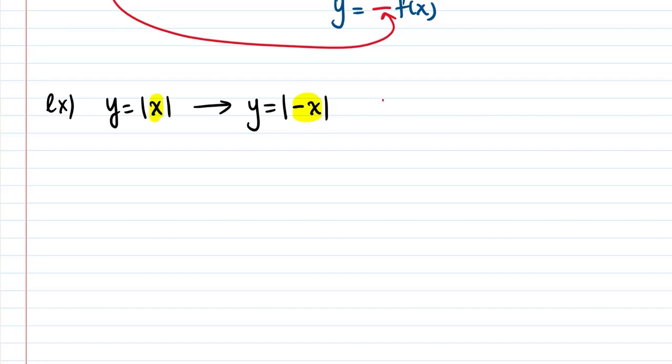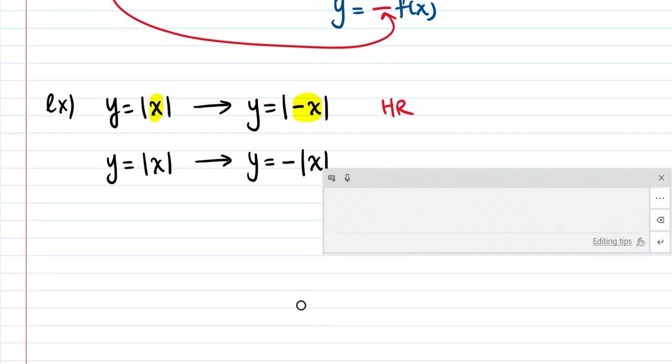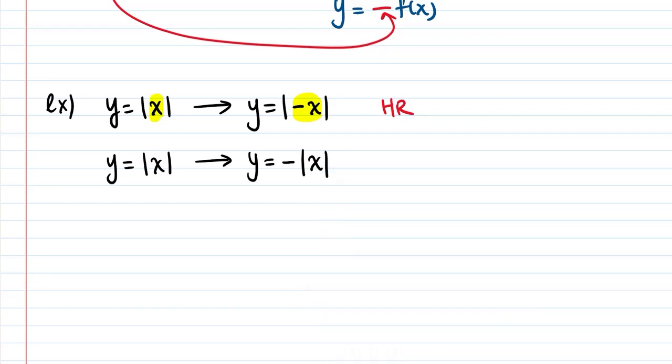So that means it's the horizontal reflection. y is absolute value of x becomes y is negative absolute value of x. This time the negative is outside the function, or you can say the negative is not attached to the x, and this negative can move to the y variable. You can write it in this form and see that the negative is attached to the y. That means it's a vertical reflection.